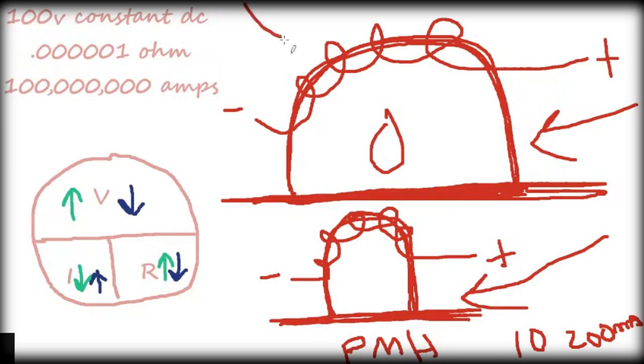So if the coil on the top is the same coil as on the bottom, you're not going to have any difference going on here. So the coil on the top has to also be a superconductor. The battery that pulsed the coil is a 10 volt battery, but it has 10 amps in it. But because the coil has some resistance, you only got 200 milliamps of that 10 amps through the coil. The rest of the amps stayed in the battery.